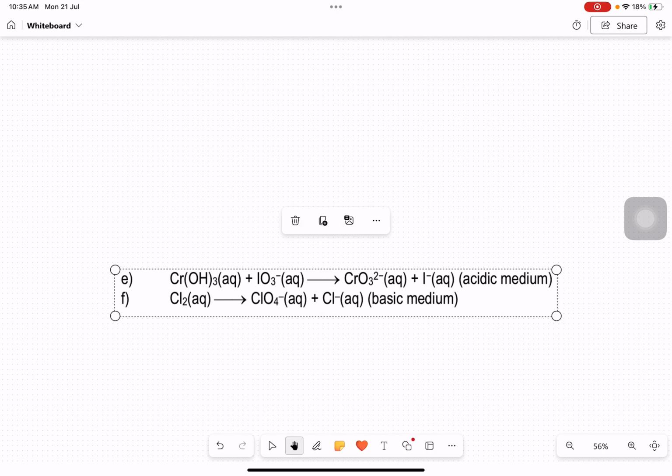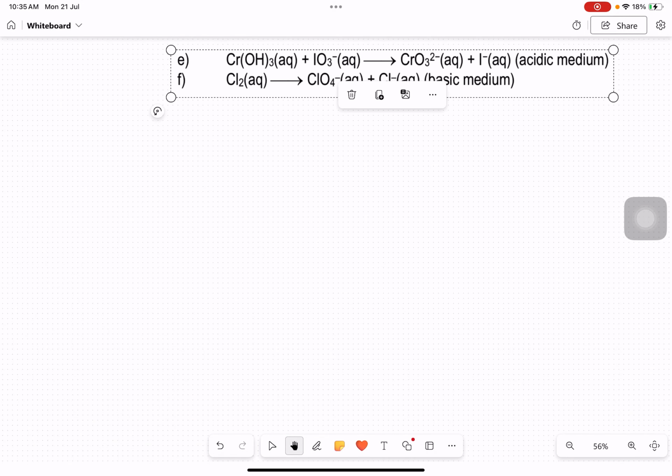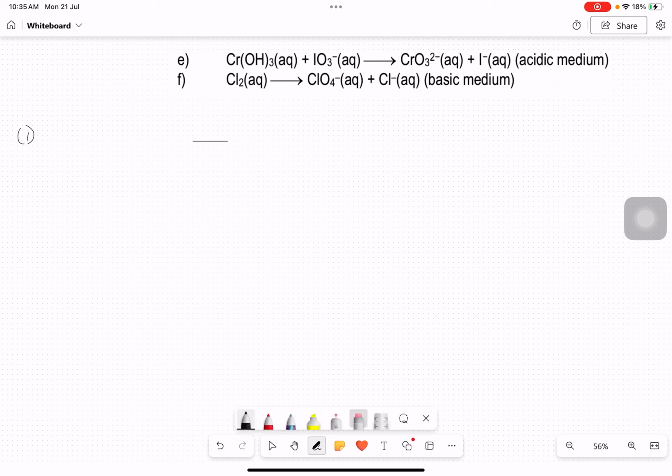So this is the question, E. For question E, from the redox, at the first step you must know how to identify which one is oxidation and reduction.